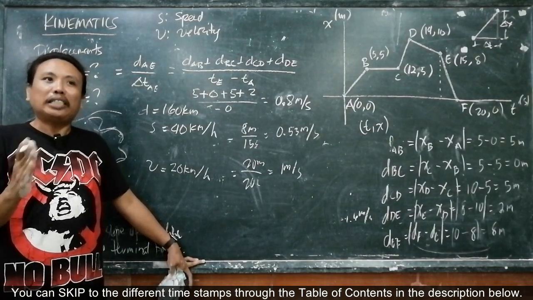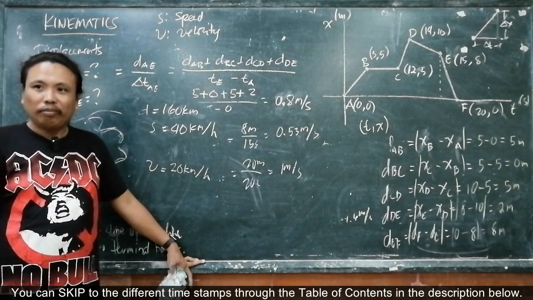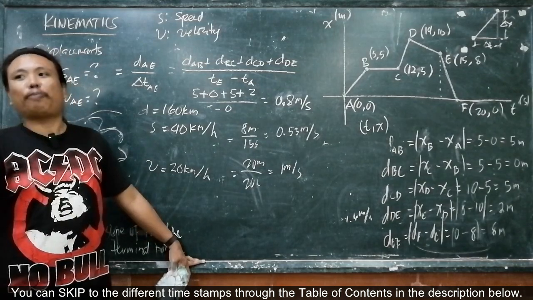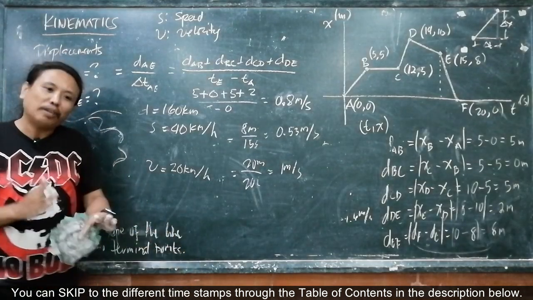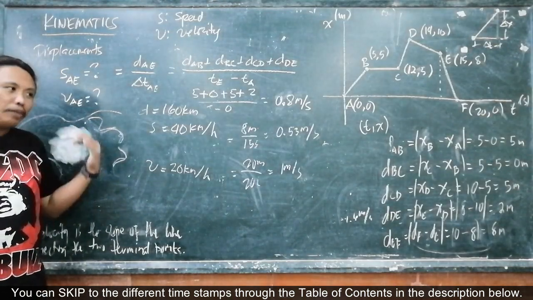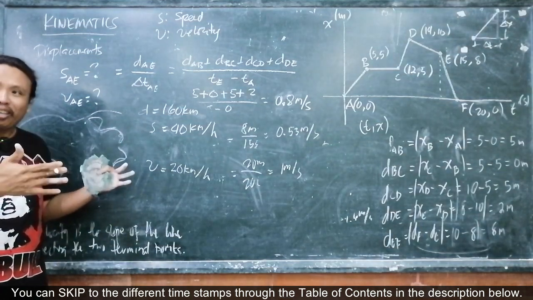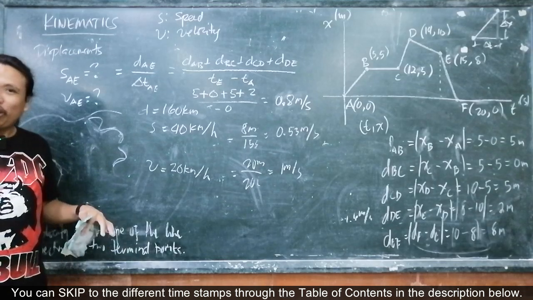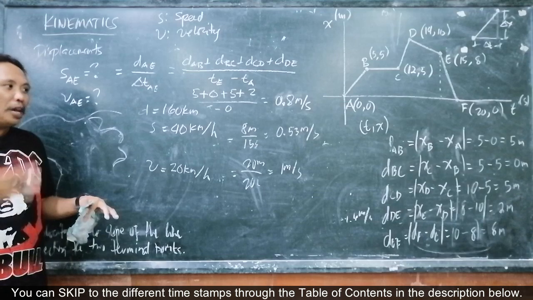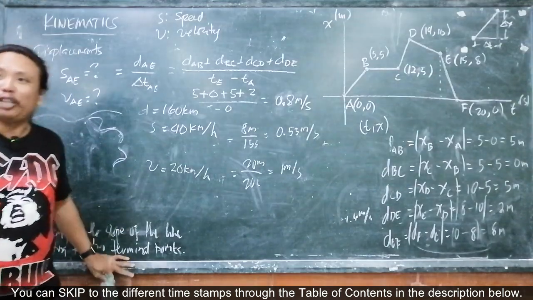So it doesn't make a large difference if you limit your speed to 60, compared to the person who can go even up to 120 kilometers per hour. There's not much difference in the time of travel. Maybe 30 minutes, the person who goes up to 120 can arrive 30 minutes earlier.